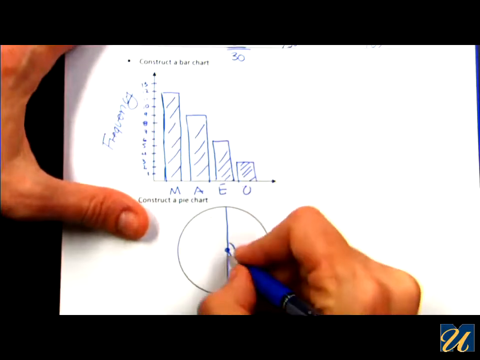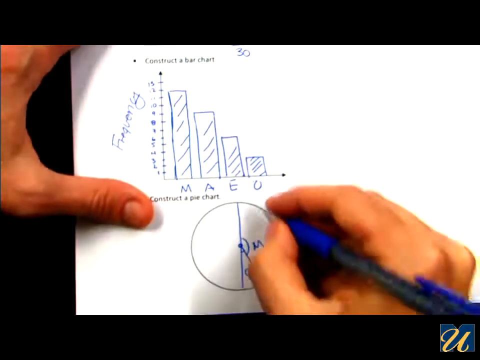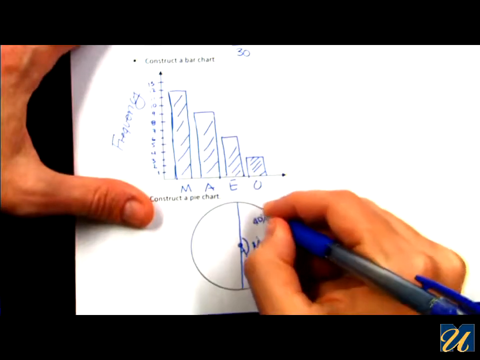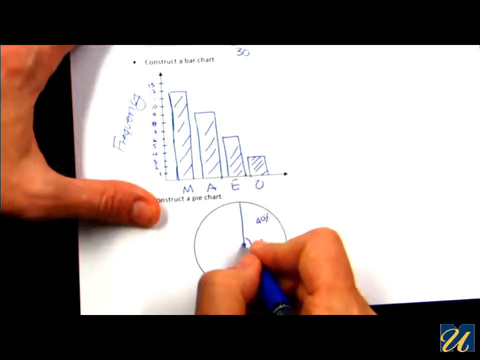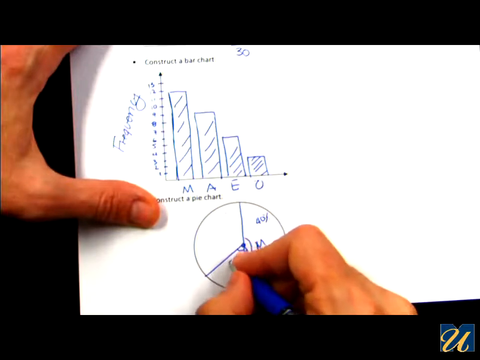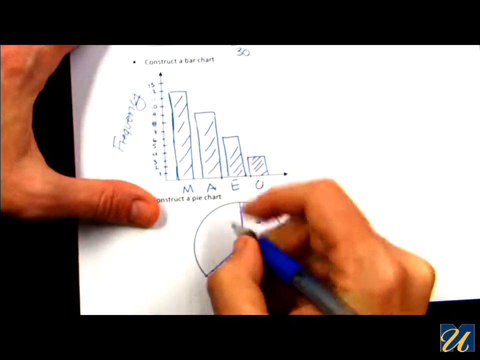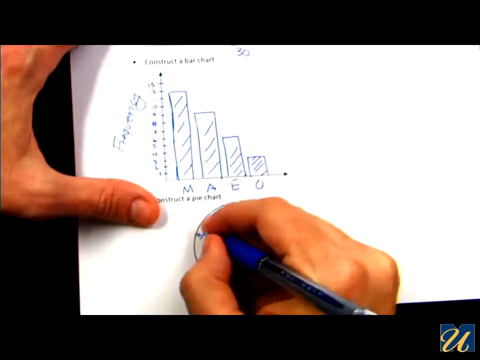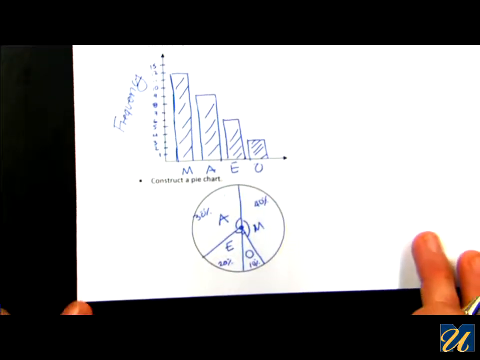We have 10% for other. So this is the 40%. This is the 10%. We have 20% for economics and 30% for accounting. Something along these lines.